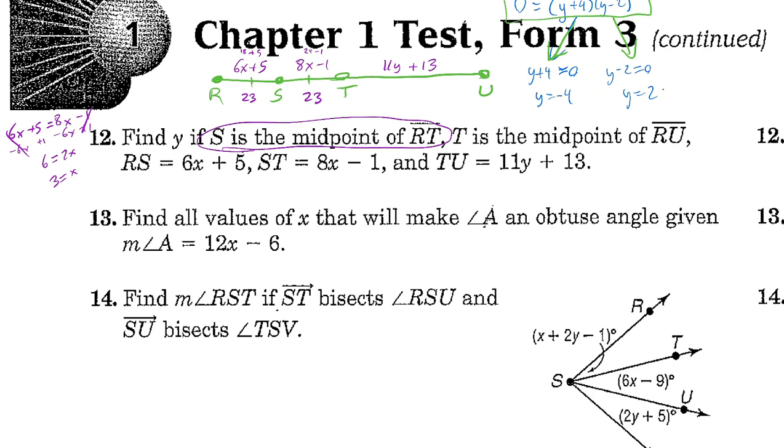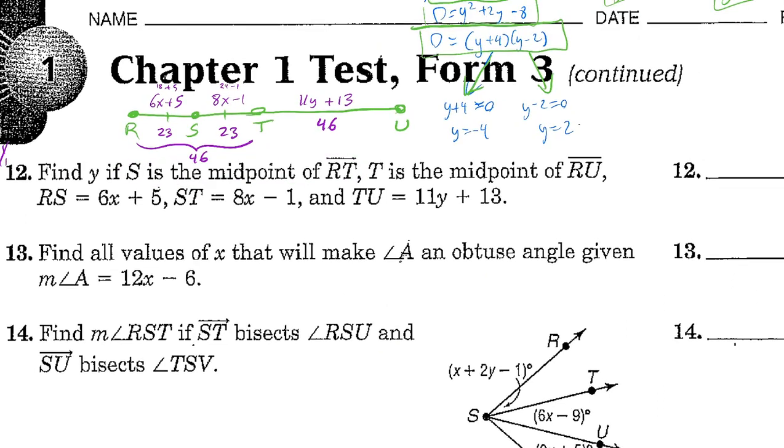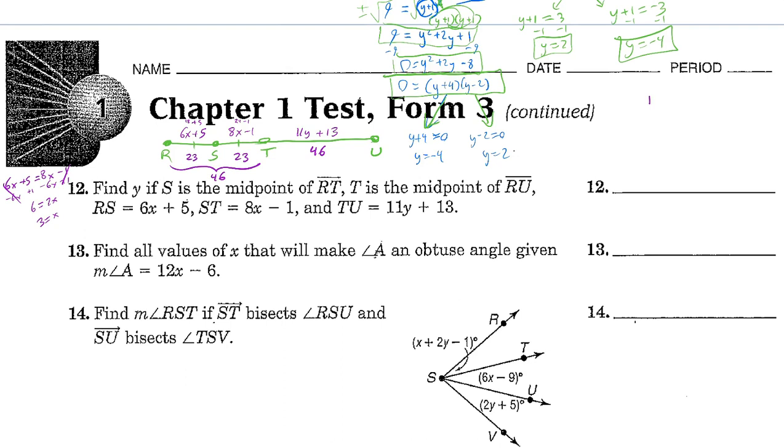Well, because I already plugged in the values, we know that this is a total length of 46. And we know that T is the midpoint of RU, so that means this is 46. And so now we go back and do it on the right over here. 11y plus 13 equals 46.